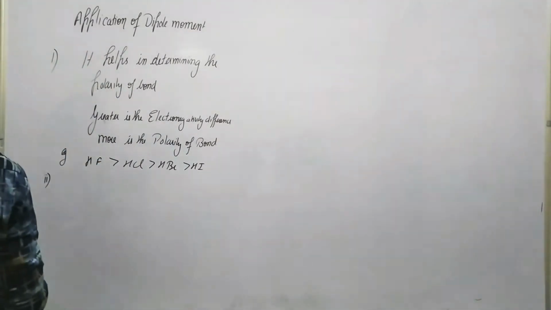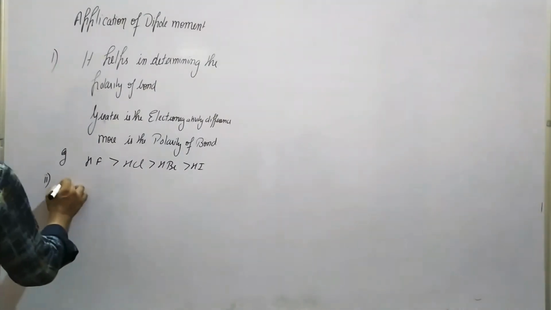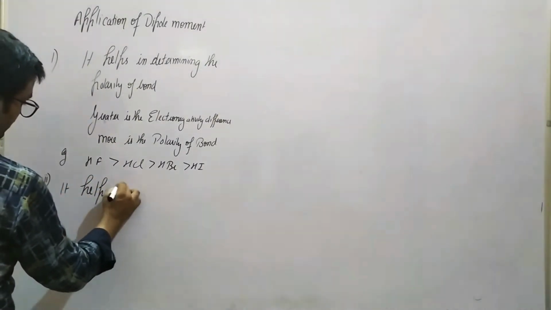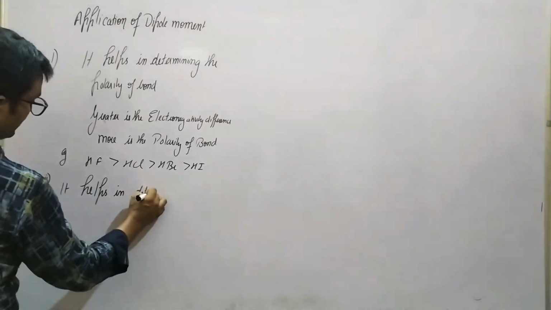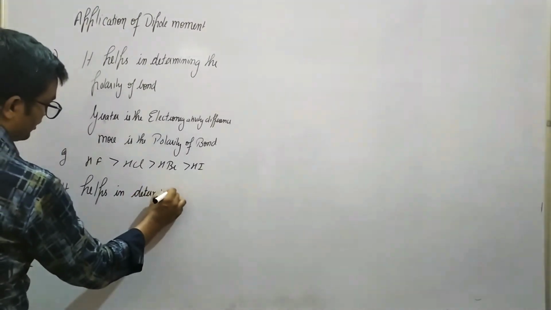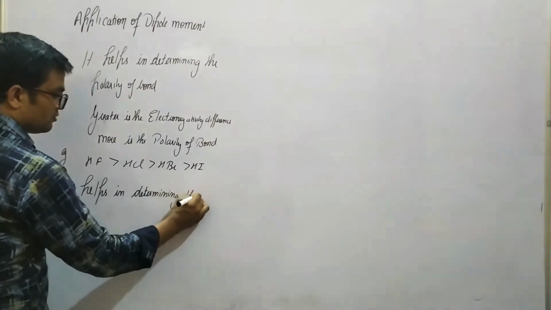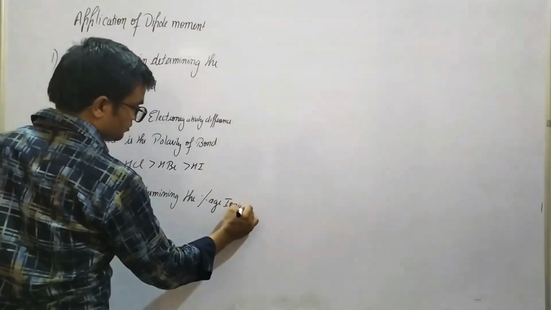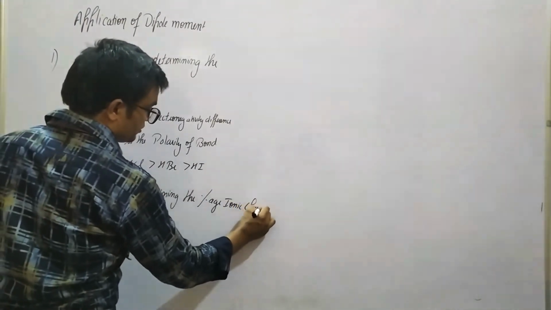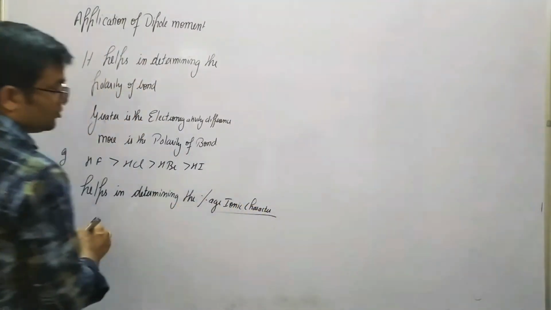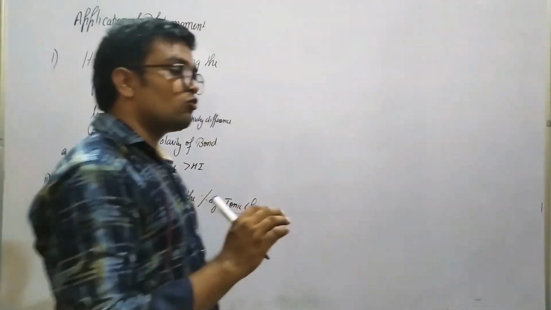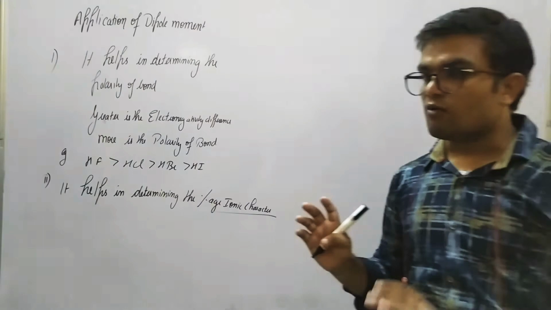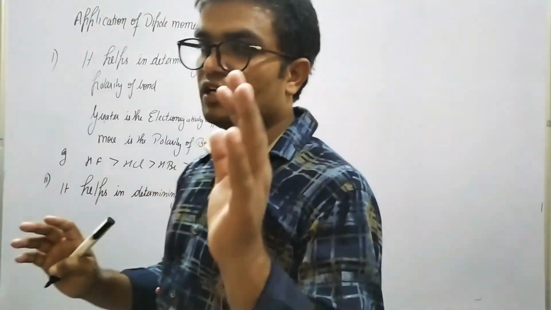It also helps in determining the percentage ionic character. Students, you should remember always, there is no compound which is 100% covalent, and there is no compound which is 100% ionic.